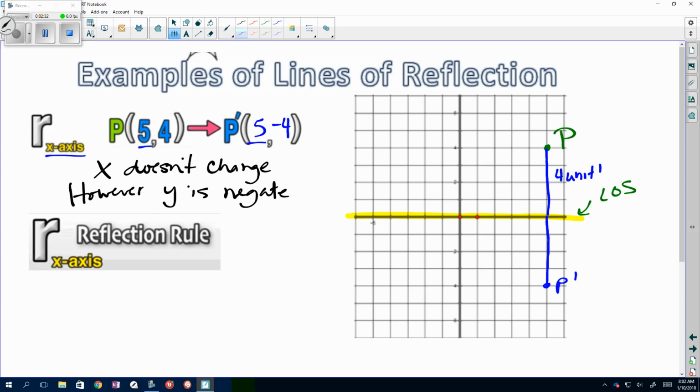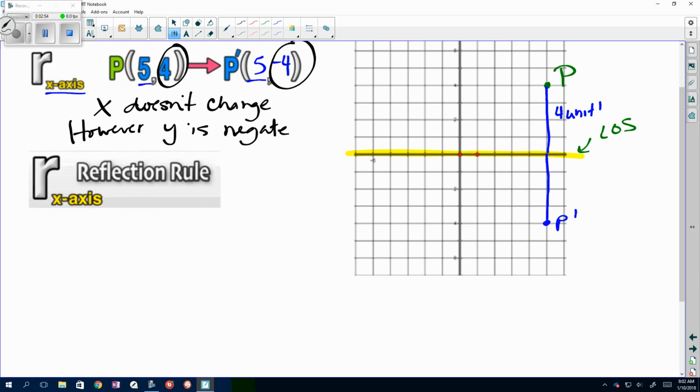If you look, my y was 4, and then it went to a -4. Whenever we're negating the value of y, we're doing the opposite. We talked about negations at the very beginning of school when we were doing conditionals. So x doesn't change, x stays. The y is negated. The y is the coordinate that changes. So it becomes the opposite of the pre-image coordinate.